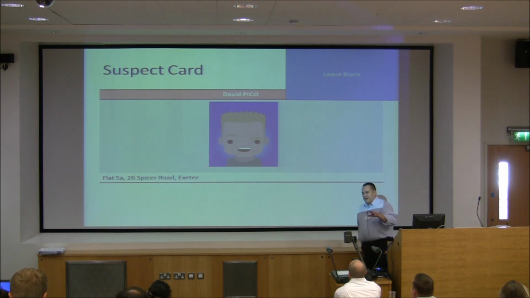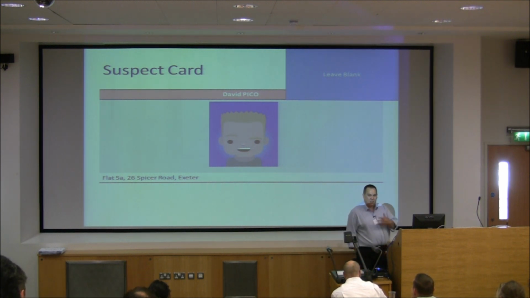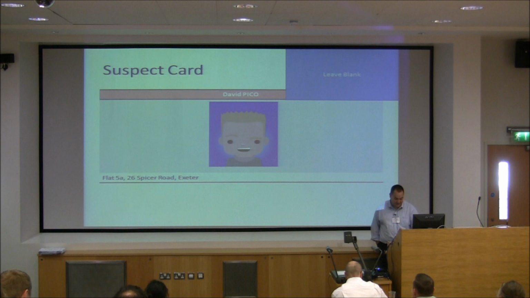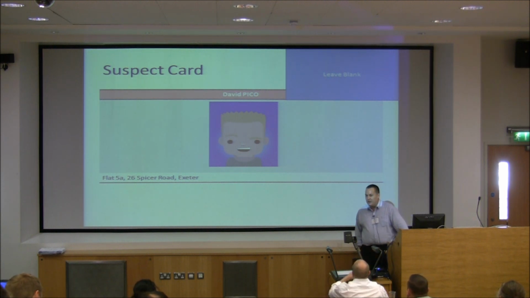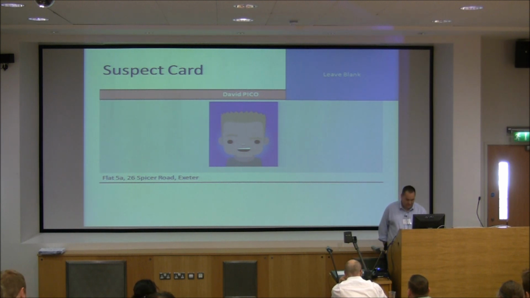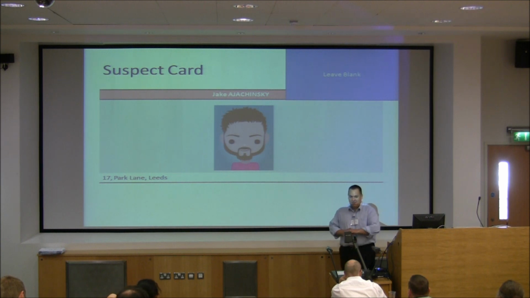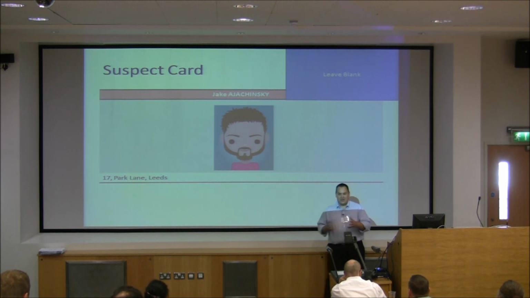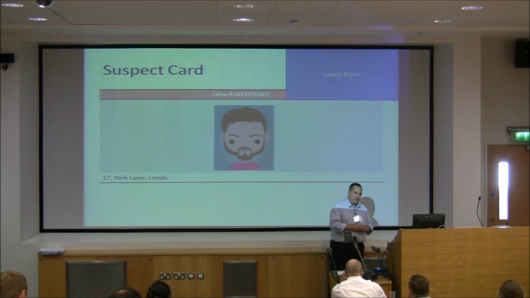So, David Pico, a petty criminal, is known to the police, has a record, is going out with Denise Arjaczynski, who is the twin sister of Jake Arjaczynski, who lives in Leeds in a very, very posh house in a very smart area, with a father who is, shall we say, independently wealthy.